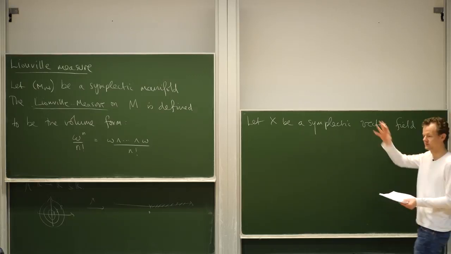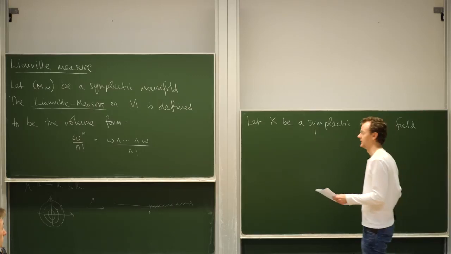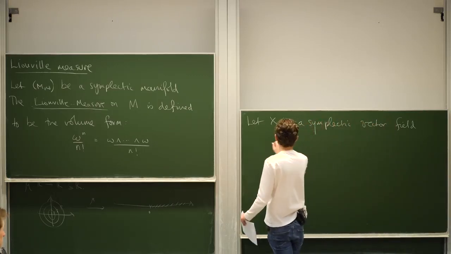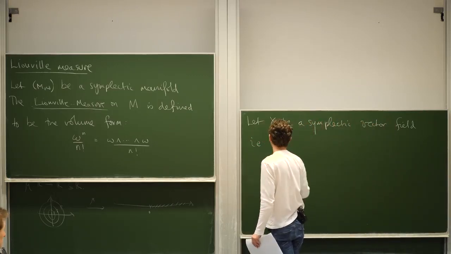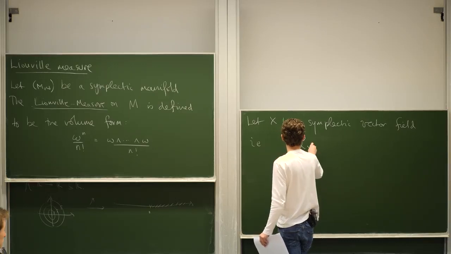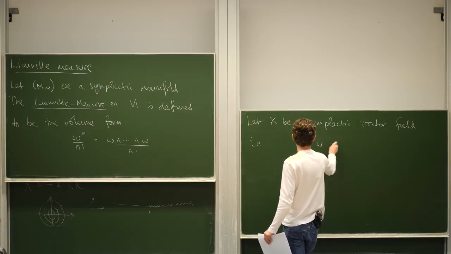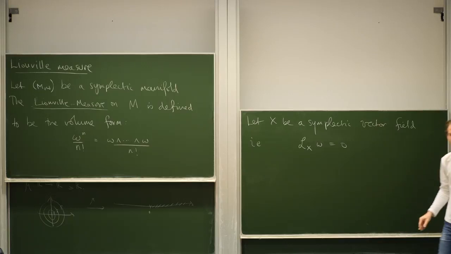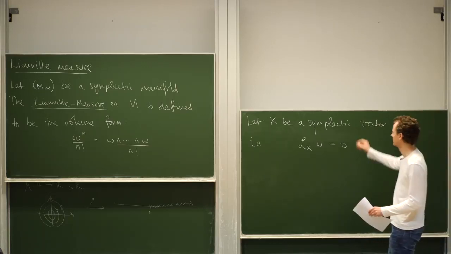This vector field generates a symplectic flow on the manifold. Then, well, what's the definition of symplectic? Well, it's that the Lie derivative of the 2-form is 0. Right? That's what it means, symplectic.